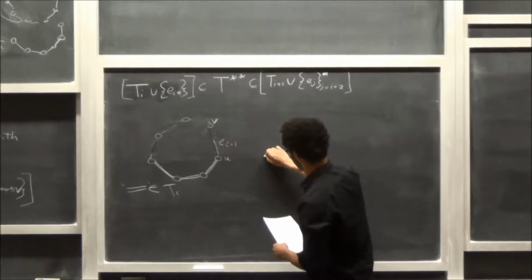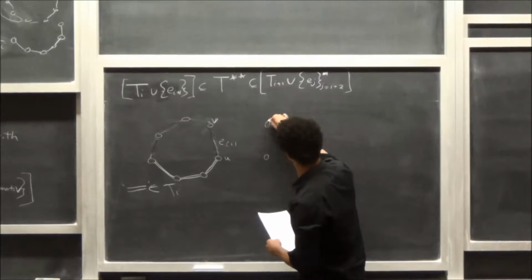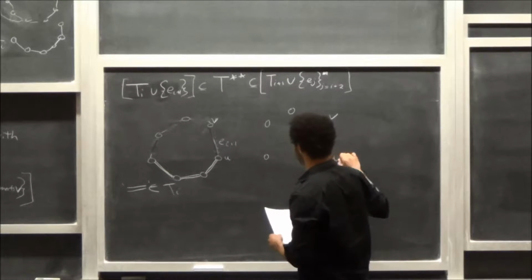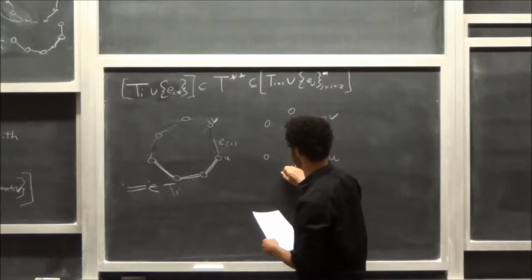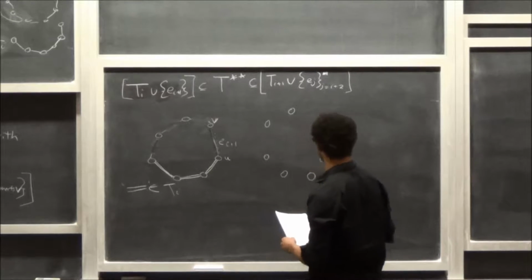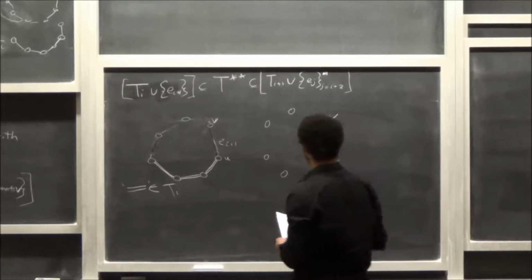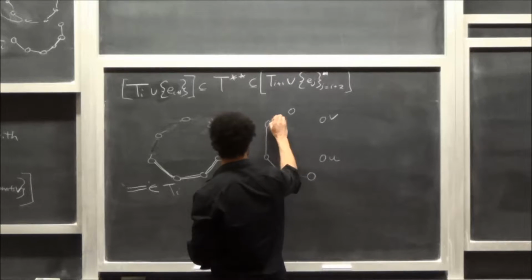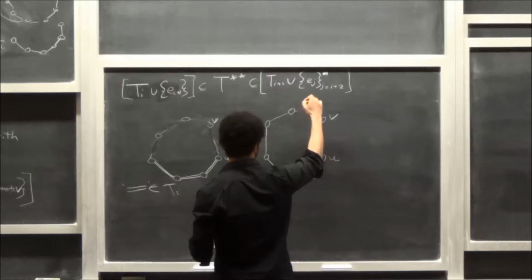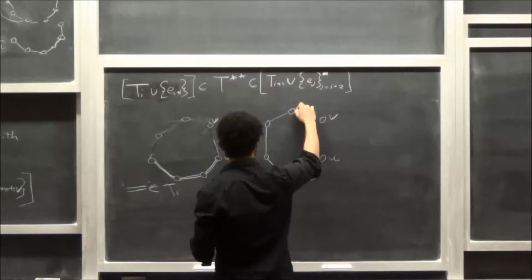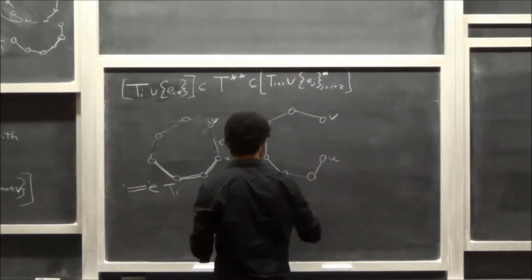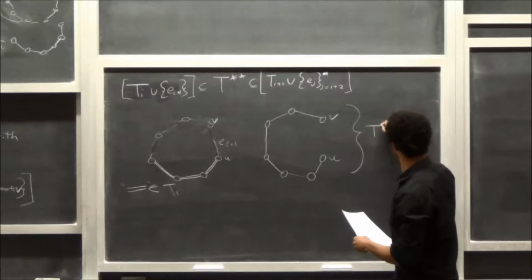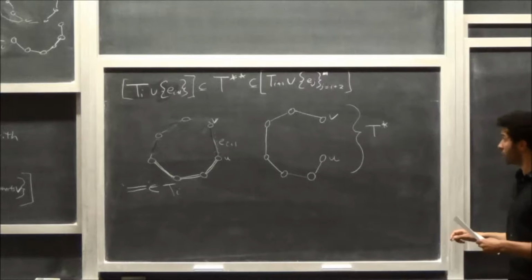And let's now draw a T star. And T star might be something like this. So this one might be T star, right?